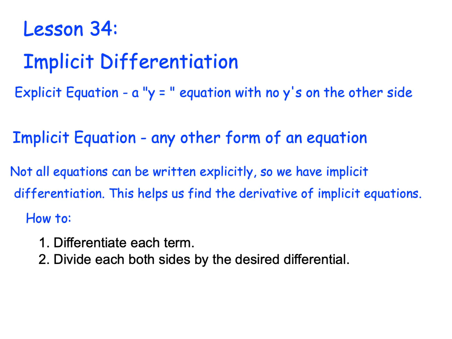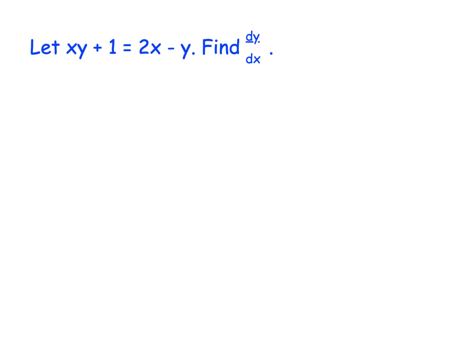So that means if we're trying to find dy dx, we're going to divide everything by dx, and you might do that by dt. It just depends on your variables. And then solve for the desired derivative. So you're going to get all the terms with the derivative that you want on one side and everything that doesn't have that derivative you want on the other side. So let's jump into it.